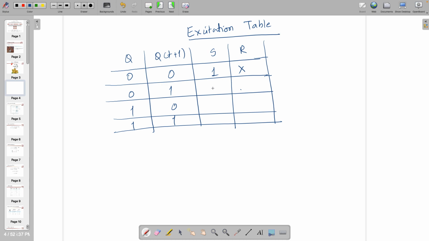So 1 0, you mean to say. Don't care 1, then this is 0 1, 1 0, this has to be 0 1, and this is 1 don't care, right? By the way, this is with the assumption that we are using a NAND gate based SR latch. Otherwise, in other conditions, it will be different, right?